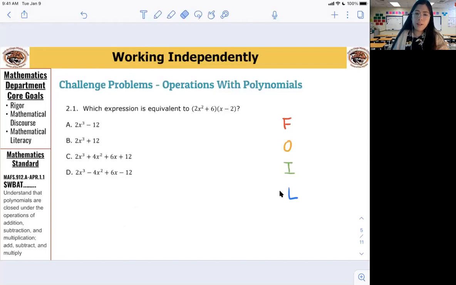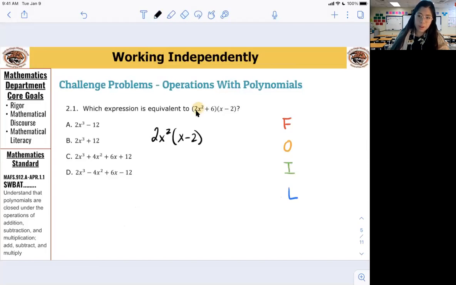I can use FOIL. And then there's one other way though. Does anyone remember from yesterday? 2x squared parentheses x minus 2 parentheses plus 6 parentheses x minus 2 parentheses.